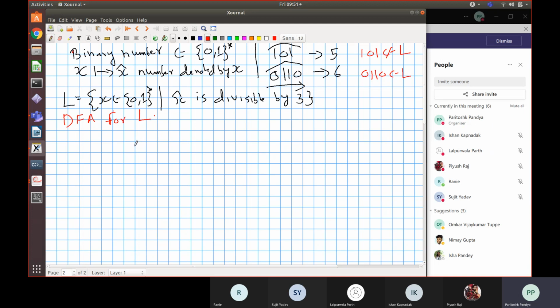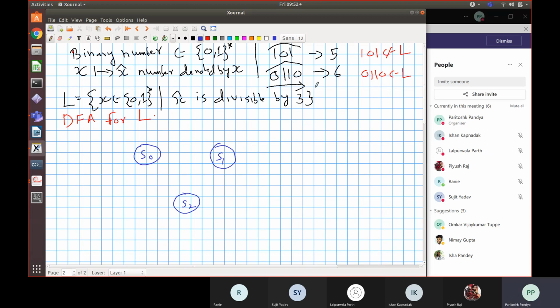The suggestion is the following: let's have 3 states. I will draw them in blue: state S0, state S1 and state S2, right? That's the idea. And what is the property we want?